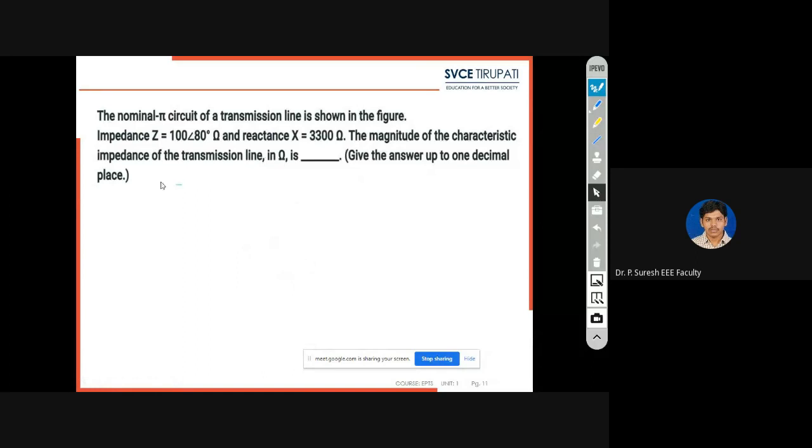How many marks can we expect from transmission? Nearly 4 to 5 marks. They will ask performance and transmission parameters for 1 mark. They will consider mechanical design of transmission 1 mark, and overhead line insulators 1 or 2 marks. Like that, approximately we'll get minimum 5 marks from this topic.